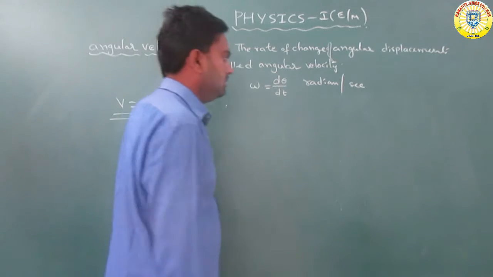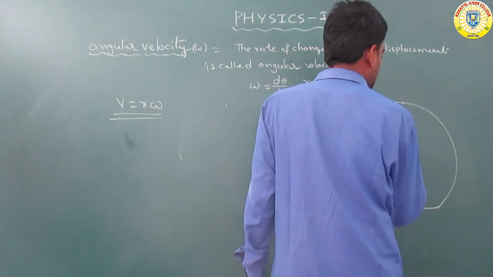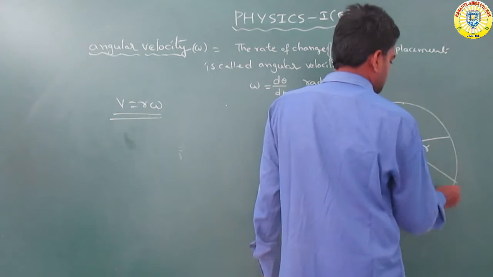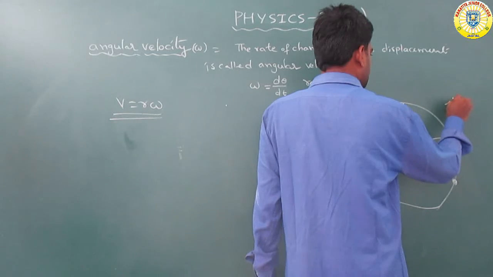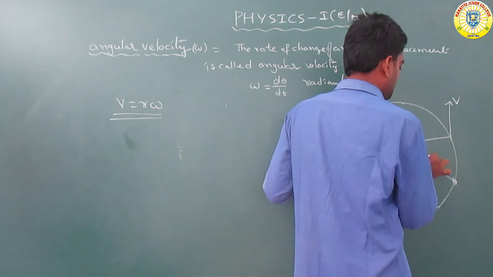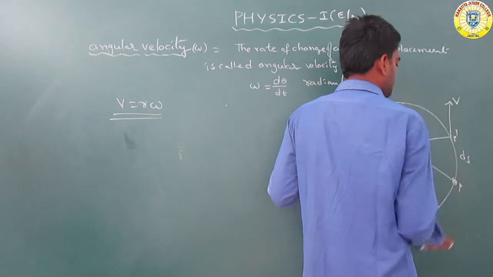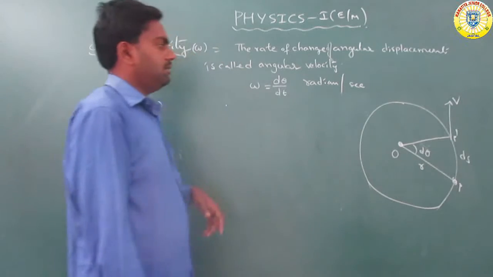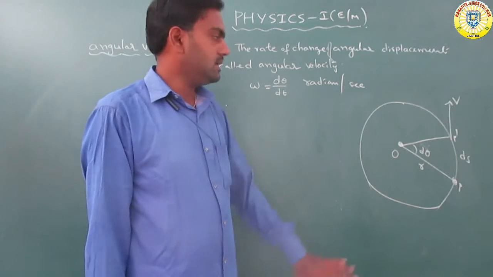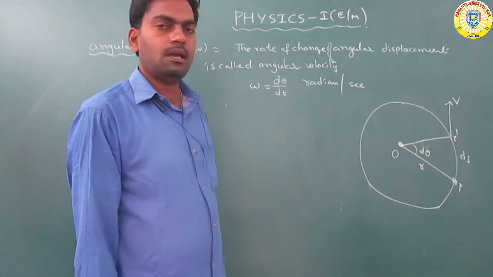Observe this circular path, and the radius is taken as R. Now consider the object or particle P moving on the circumference of the circle, through a displacement ds in a time interval dt.